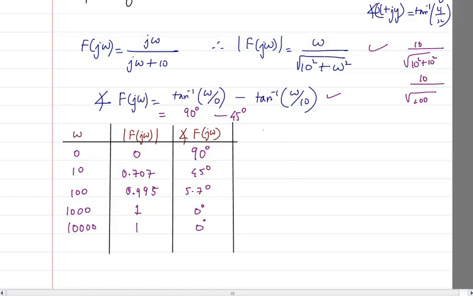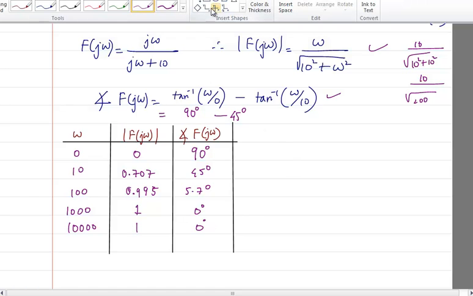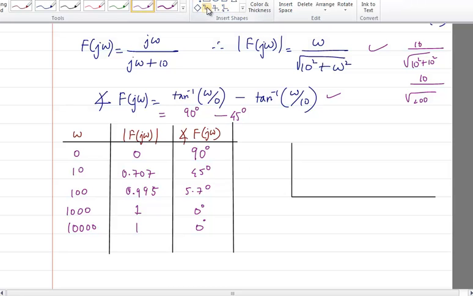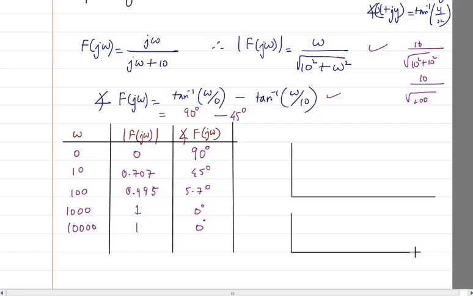So if I am trying to plot this, I am having two plots. One is the magnitude plot, and the second one is the phase plot. It can have even a negative direction also, but magnitude will always be positive.